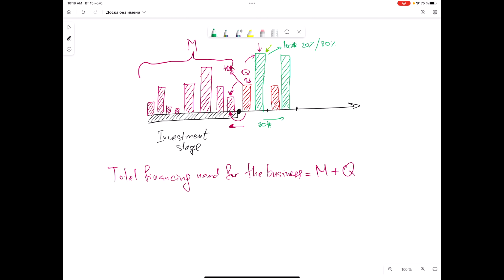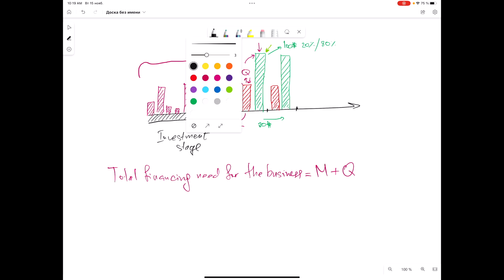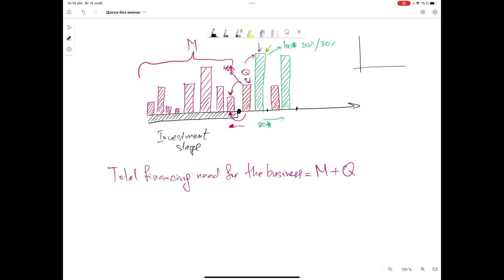If we look at the first month in detail, what will be the actual cash flow?